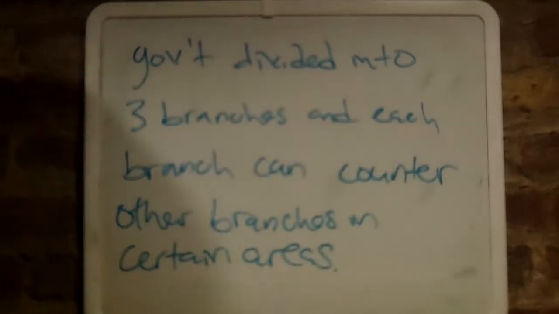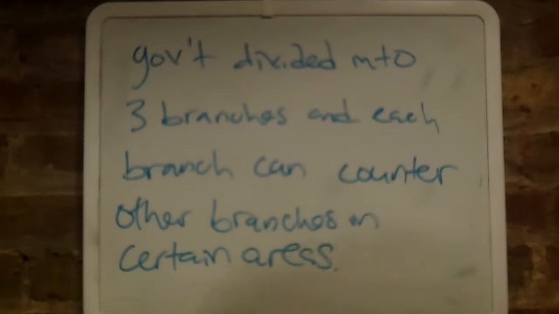So a good example of this is the president is the commander-in-chief of the armed forces, so he's in charge of the military. However, only Congress is allowed to declare a war. Another example of this is Congress can write laws, but the president can either approve them or veto them, and Congress can again override that veto with, I believe, a 3/4 vote.